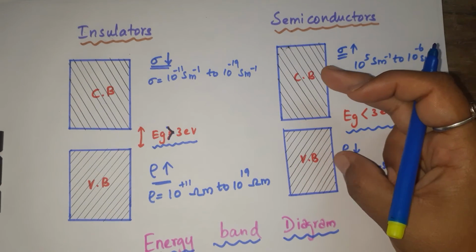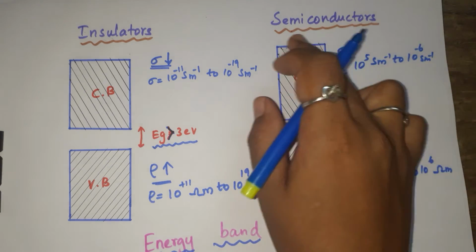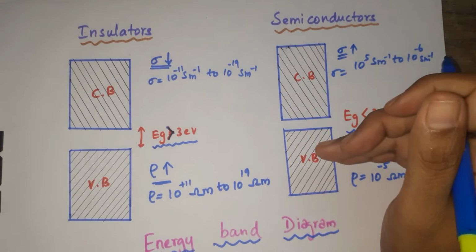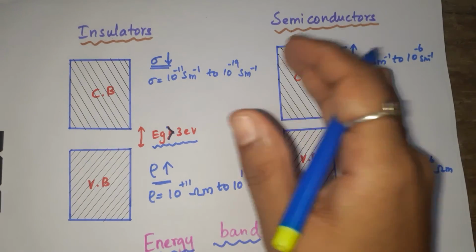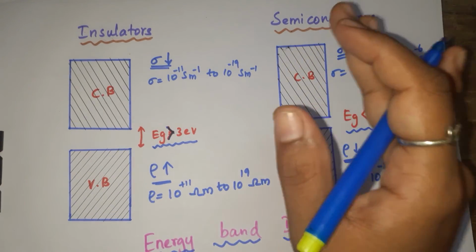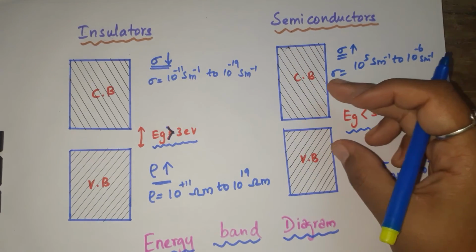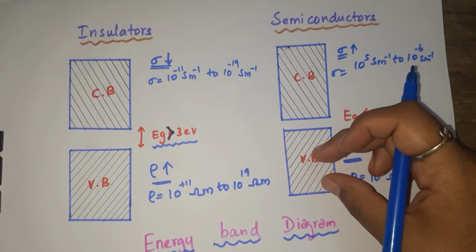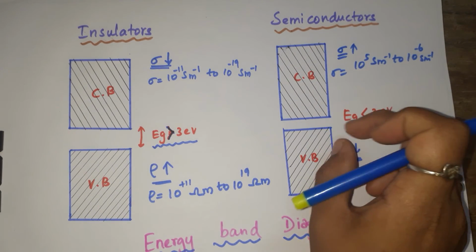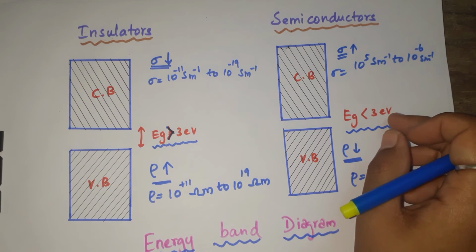So what are the points I told about semiconductors? Semiconductors are substances whose resistivity lies between conductors and insulators, half. That's why we call them semiconductors. There is a finite but small gap between valence band and conduction band, so the energy gap is less than 3 electron volt.